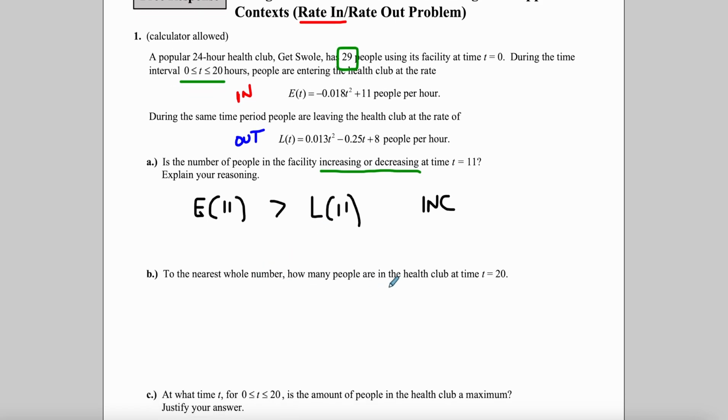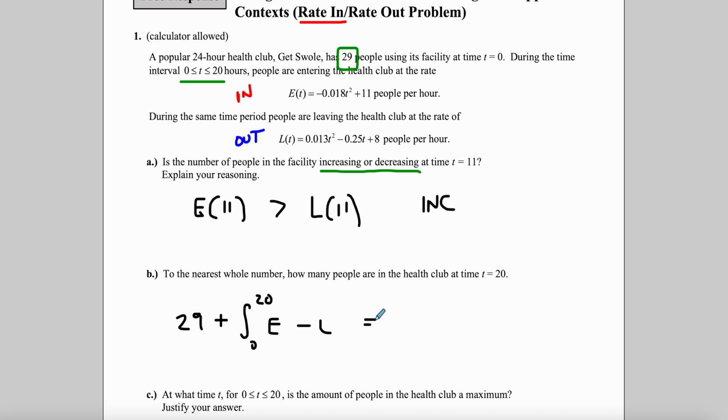To the nearest whole number, how many people are in the club after 20 hours? That's a three-part integration expression. So we're going to take the original 29. We're going to add the integral from 0 to 20 of E, and we're going to subtract L. Because these two functions are operating on the same interval, I can combine them both in the same integral function.